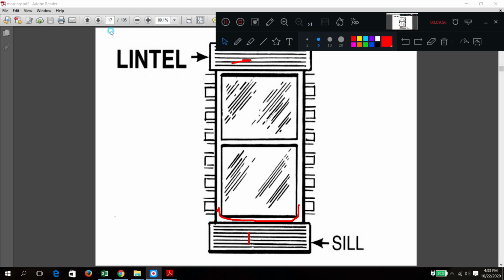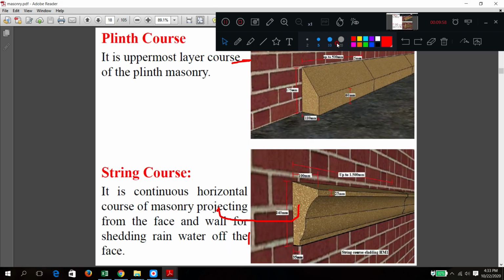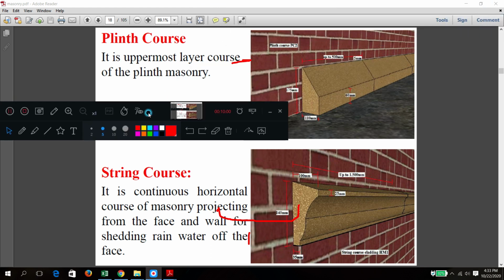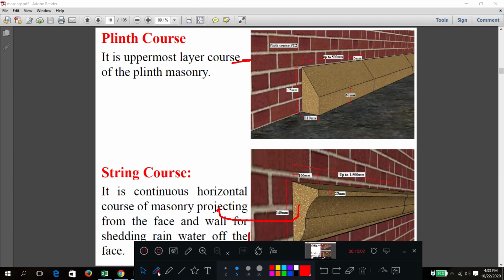Now, very important. If you see this portion, this is the floor of the house, this is the outside of the building, and this is the wall coming above the floor. This is a horizontal plane, this is a vertical plane. At the intersection you generally construct one course. We have seen atmospheric action.